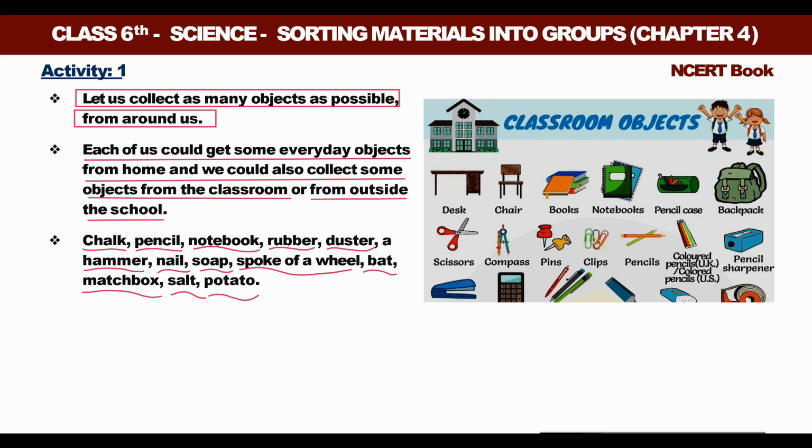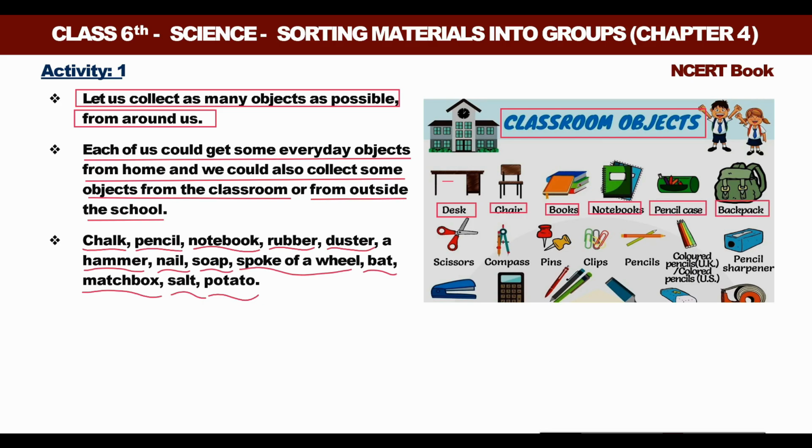Okay, we see it every day. And we can see that there are some classroom objects. Here it is, you can see classroom objects like a desk, this is the desk. And there is a chair available, books, notebooks, pencil case, backpacks.